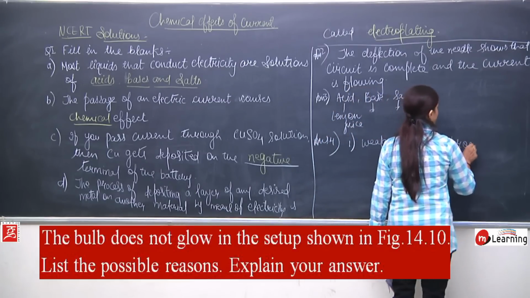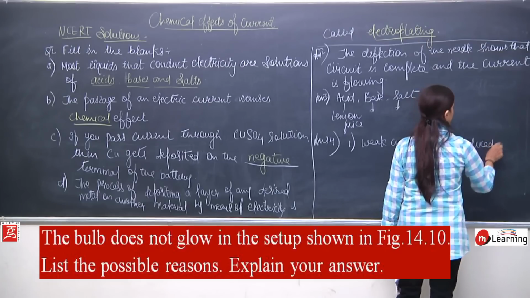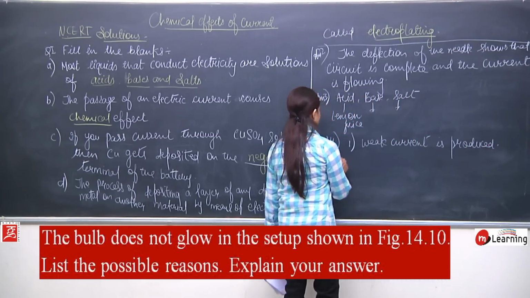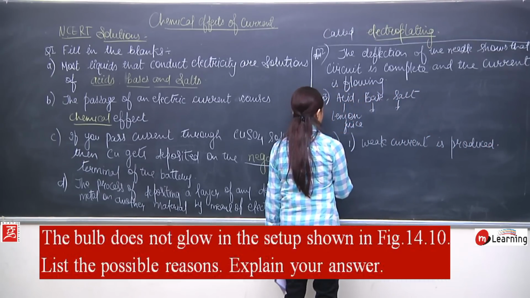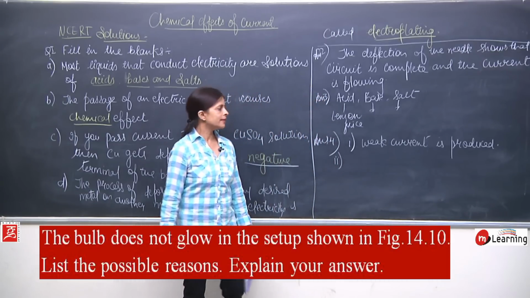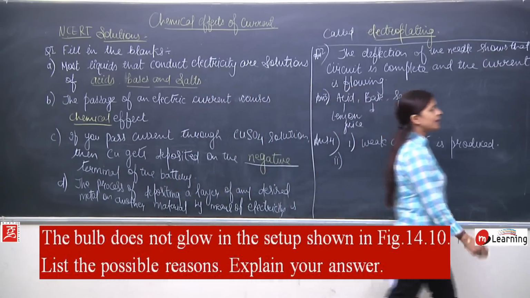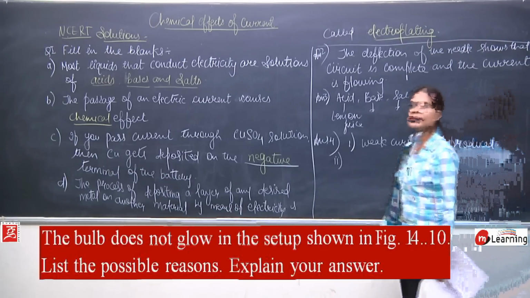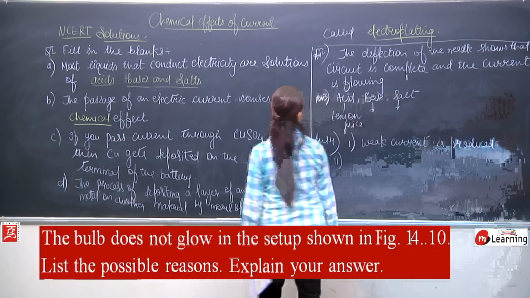So, when a very weak current is produced, it is quite possible that the bulb doesn't glow. Or the second point can be that the electrolyte is not very strong. Yes, the second point: the first is that a weak current is produced, and the liquid which is used as the electrolyte is not suitable.